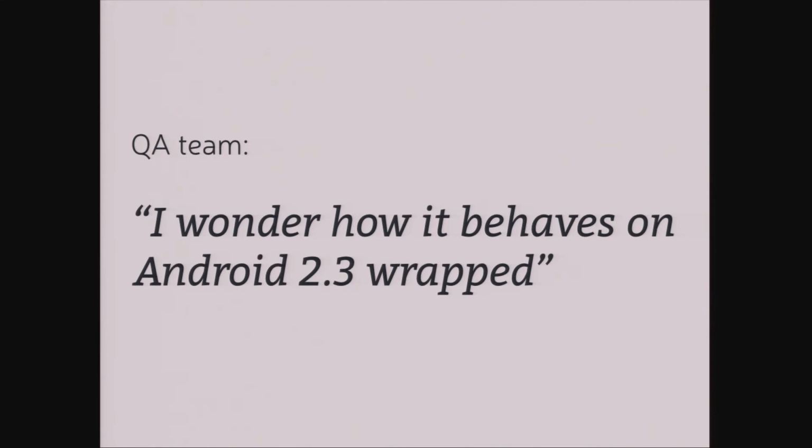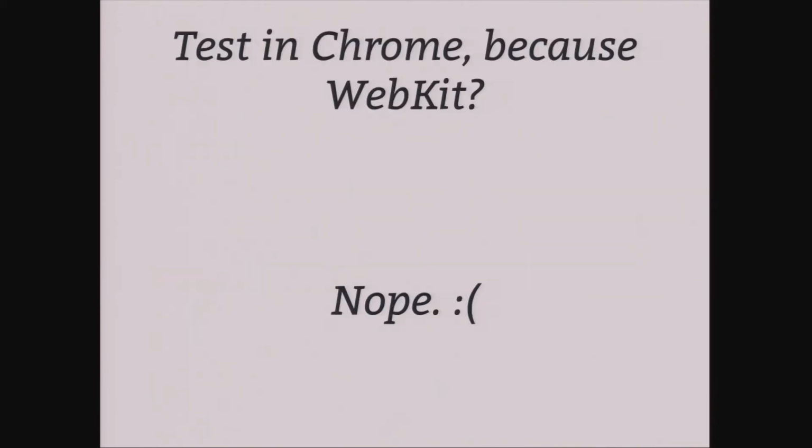One of the questions asked was, hey, I wonder how it behaves on Android 2.3 wrapped. We as developers had been testing in Chrome on the desktop this entire time, so we were like, yeah, it should work. It's WebKit, whatever, same thing. And it turns out that wasn't really a solution for us.